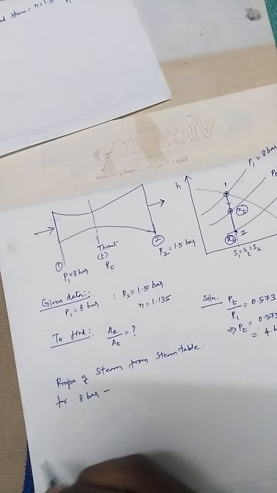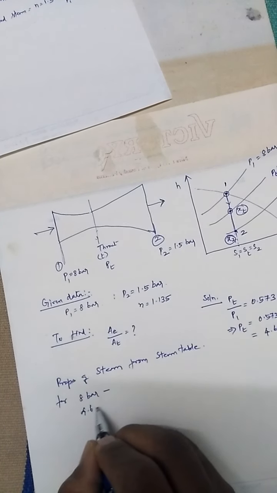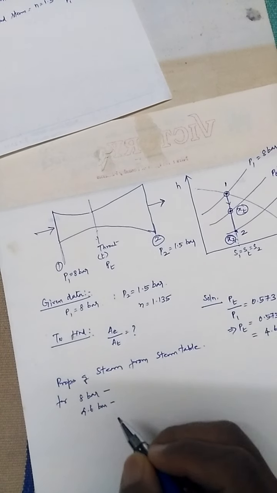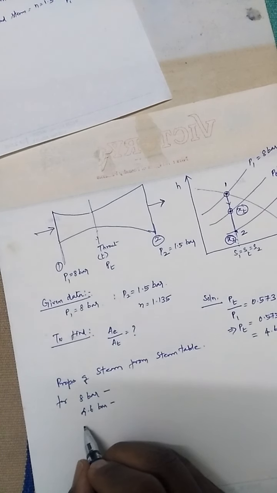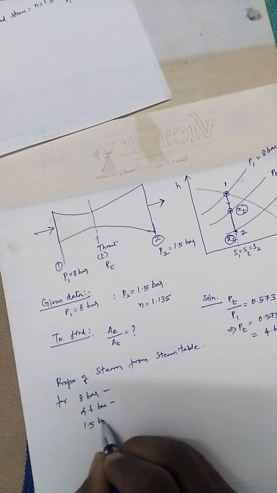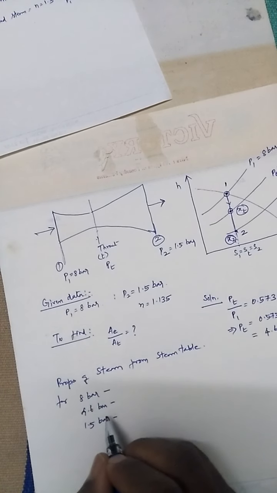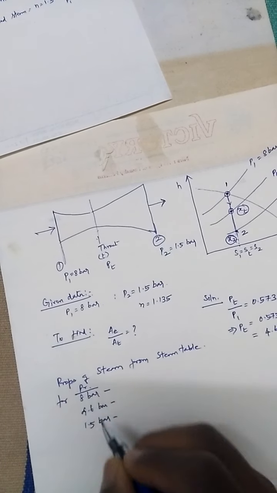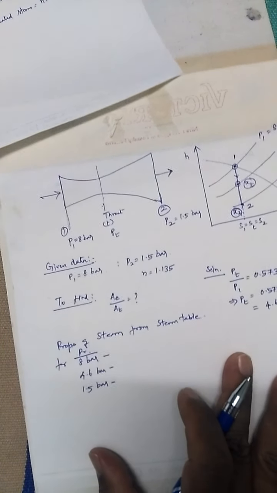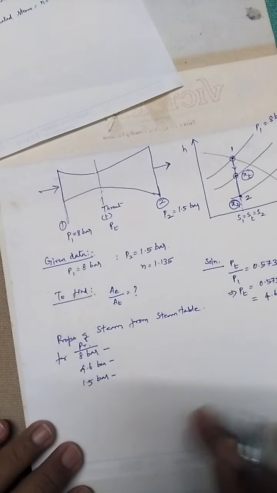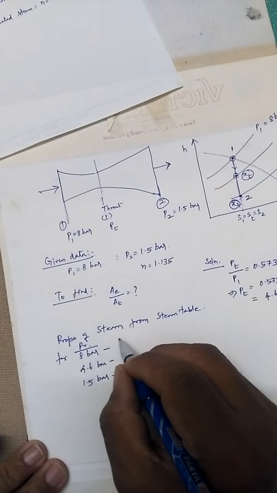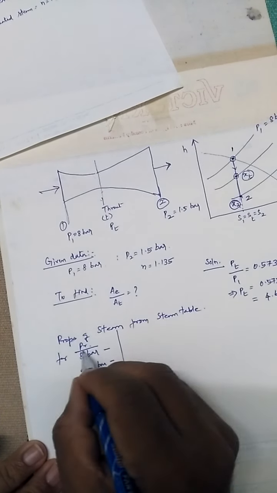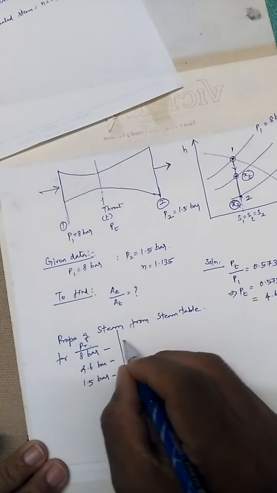And for PT, that is 4.6 bar, what are the values? And for 1.5 bar, what are the different values for this pressure? What are the different properties in the given table?